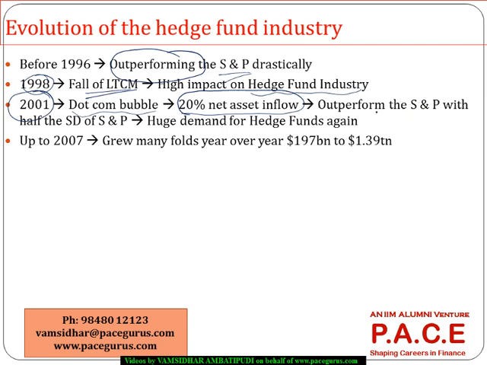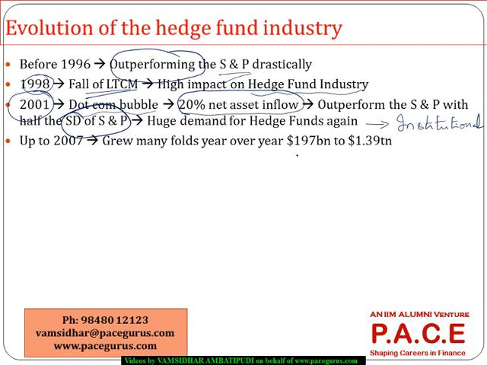It has outperformed the S&P index quite drastically with very little standard deviation, almost half of the standard deviation of the S&P index. So with that, again, huge demand for hedge funds started, and it even went to a situation where the institutional investors came very heavily into this industry.